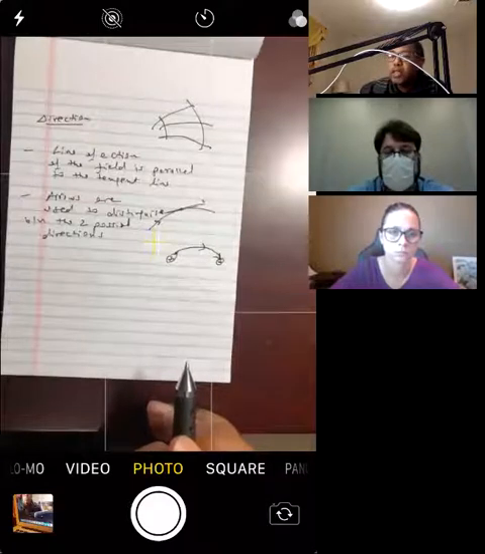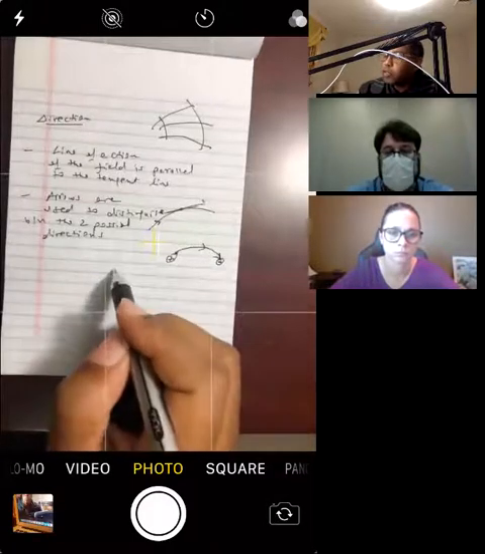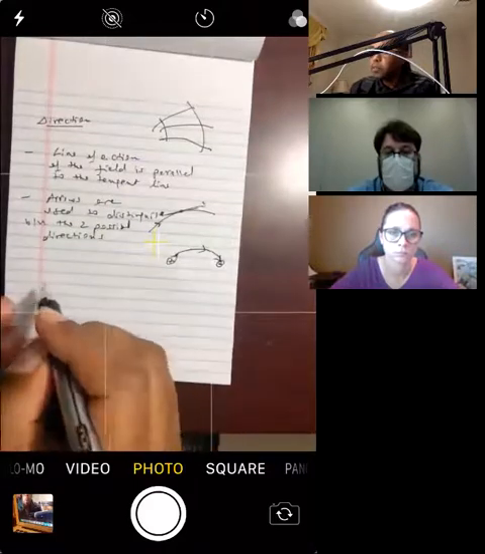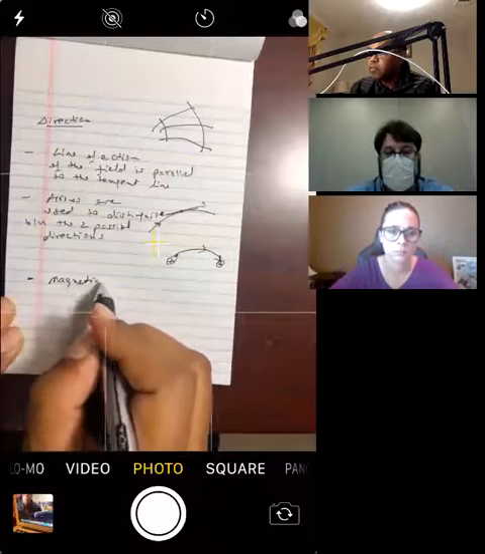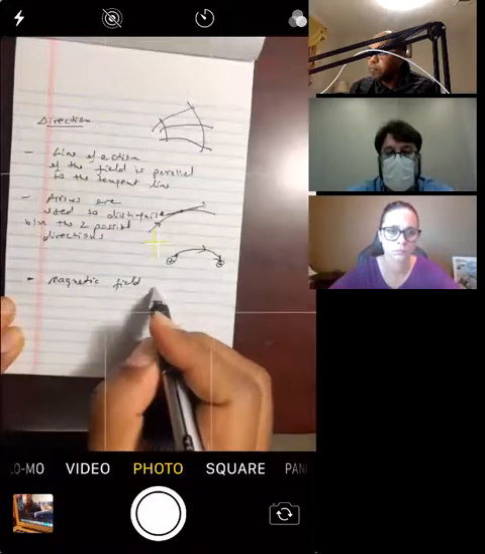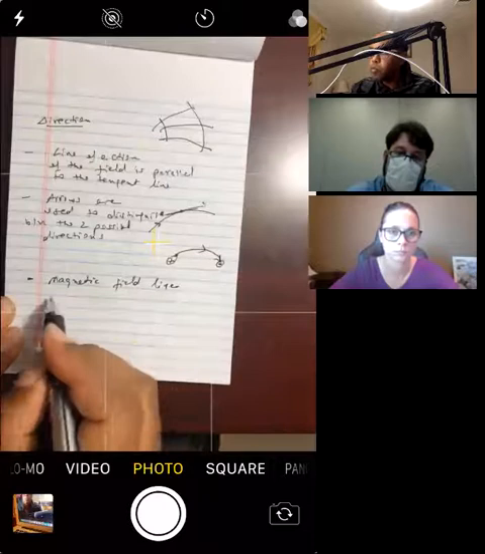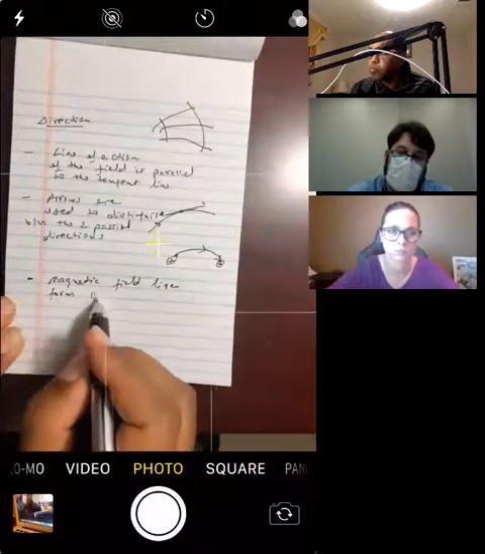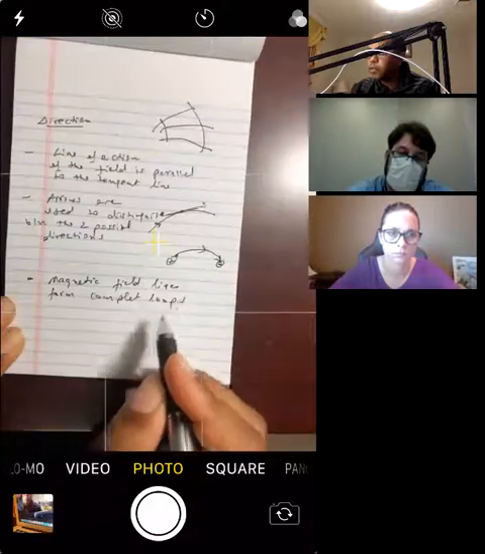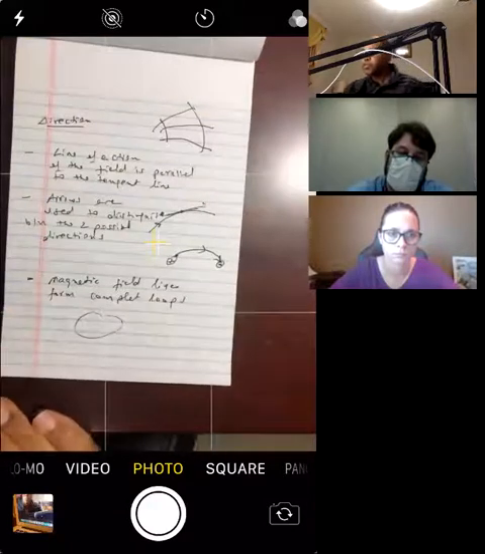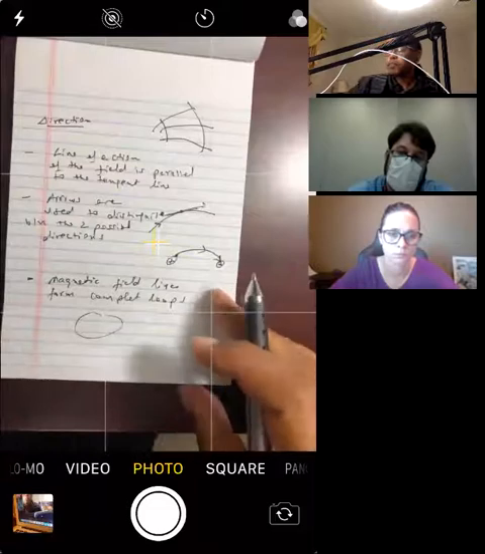So magnetic field lines form complete loops. There will be something like this. All right, so these are general properties of fields.